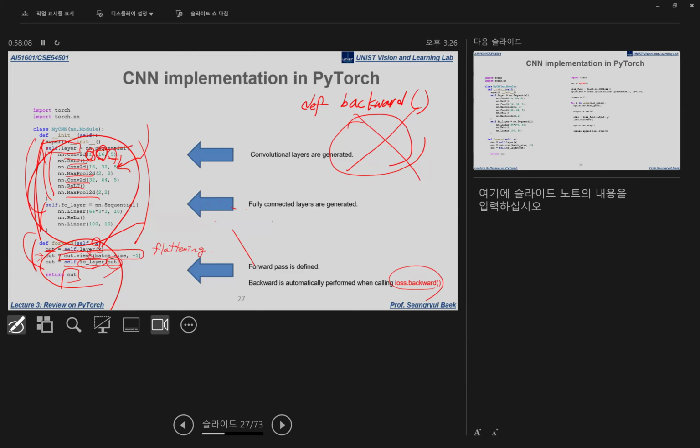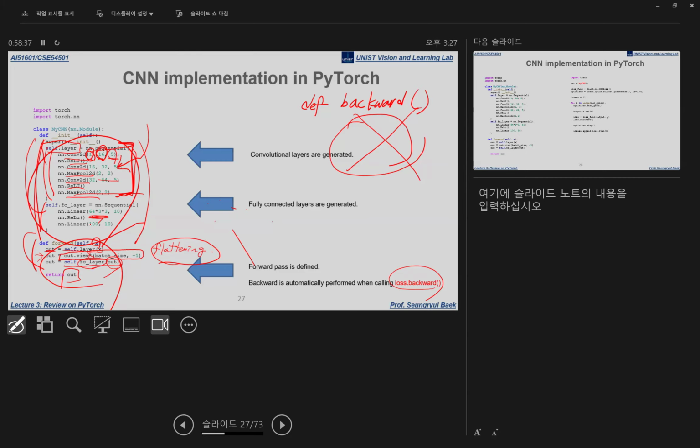You always have to calculate those intermediate outputs. If your flattened variable does not fit the input dimension of the subsequent layer, PyTorch will output an error at runtime.